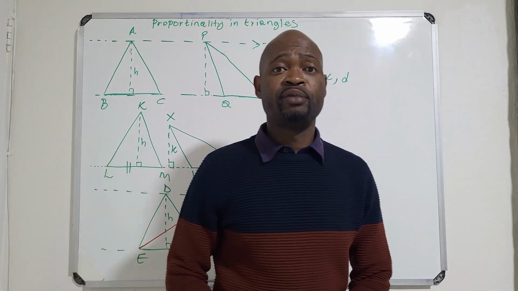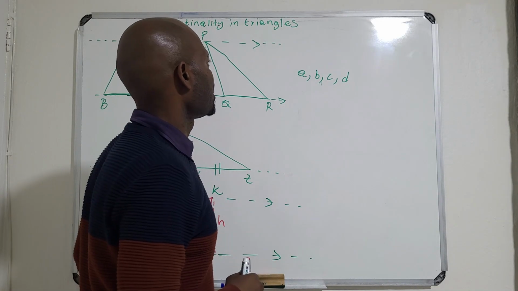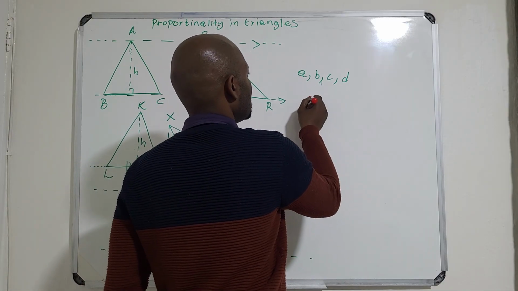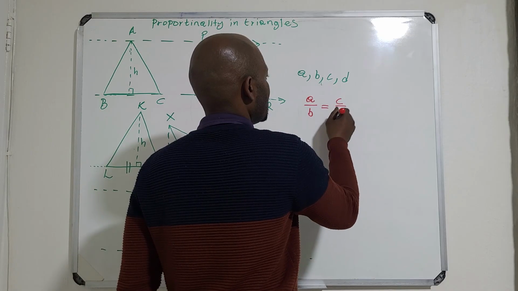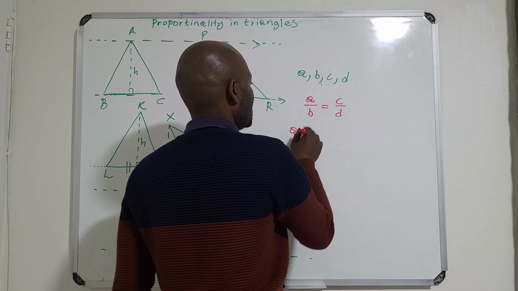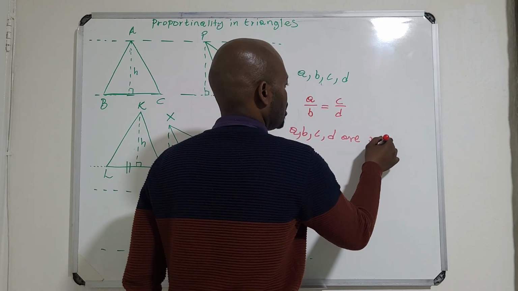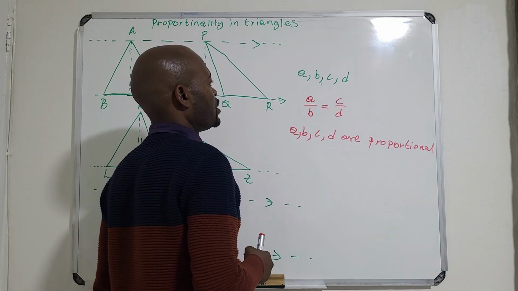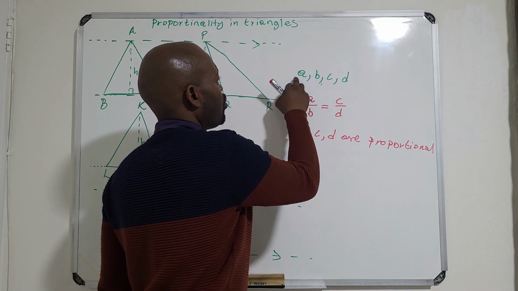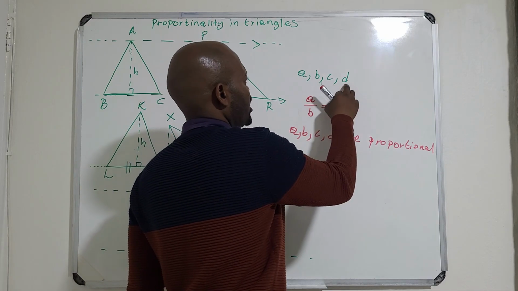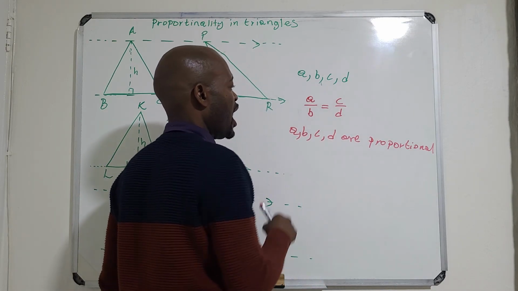Now, let's explain a little bit about ratio. When four numbers, A, B, C, and D, are such that the ratio between A and B is equal to the ratio between C and D, we say that A, B, C, D are proportional, or are in proportion.